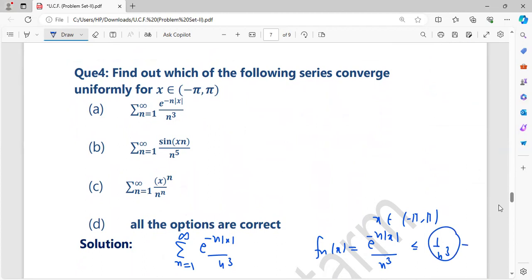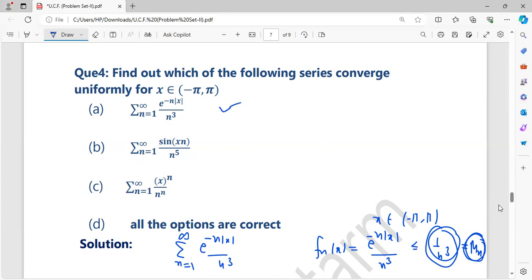So this is my Mn. This is bounded by Mn. By the Weierstrass M-test, this series is summation 1 upon n cubed. This series is convergent. Okay. So this option is correct. The first series is convergent.